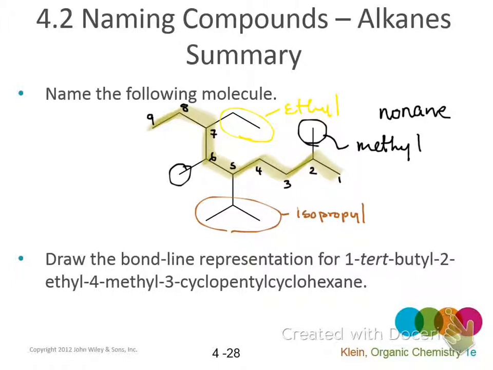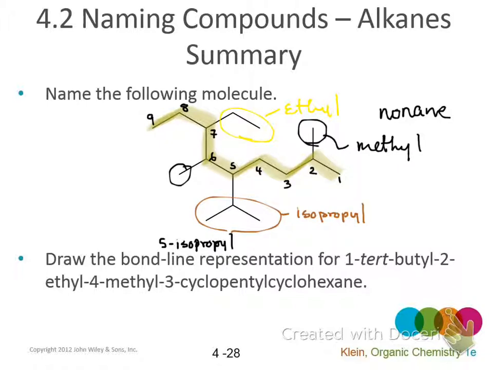Now, so isopropyl, so it's going to be 5-isopropyl. And then what? Did we say ethyl goes first? Oh, yeah, see, you know what you did to me? Dang it. Got all excited, and I was starting to do the name. It'll be second now.